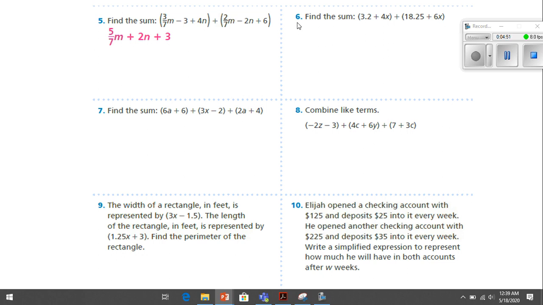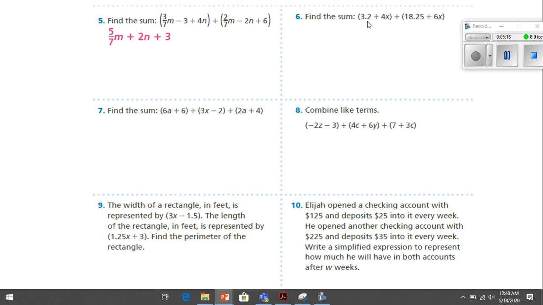Next is number 6. Number 6 says find the sum. Again, we're adding two expressions. 2.3 plus 4x is going to be added to 18.25 plus 6x. Well, if we do this, we see that we've got two decimals here, so we can go ahead and combine them together.